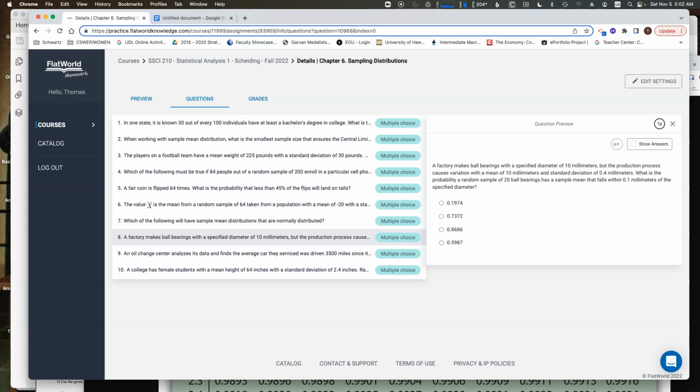Okay, now I am making ball bearings. So if the mean is 10, we're basically looking to make sure that we're going to fall in the range of 9.9 to 10.1 because I want to be within 0.1 of that diameter. So let's go to our table here.